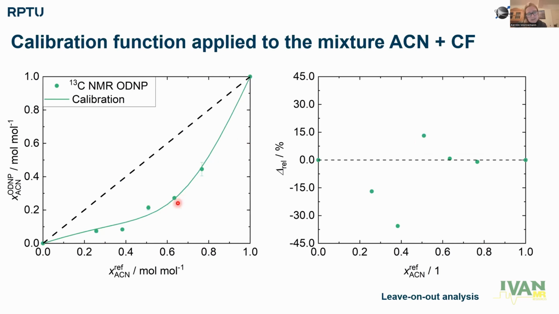Now we have here again the molar fraction of acetonitrile. And now because the enhancement of acetonitrile is much lower, of course, we underestimate the acetonitrile concentration in our sample. But we can still fit the data points with our curve and do the leave-one-out analysis.